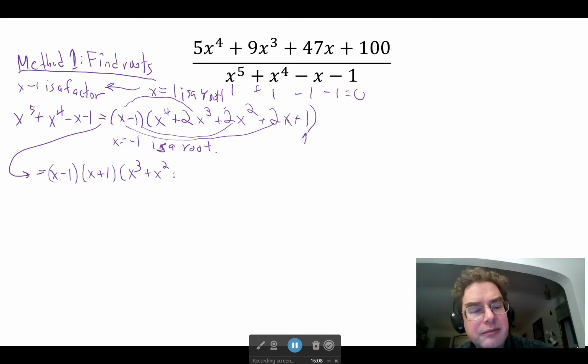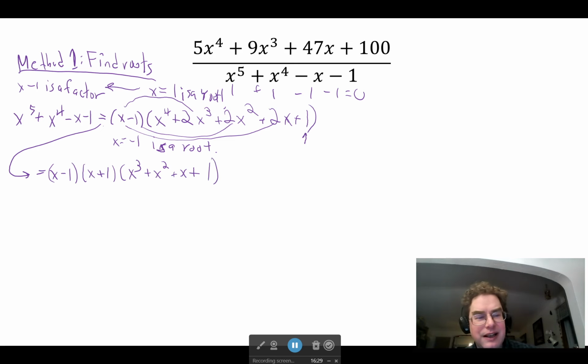That's 2x cubed. We'll get an x. Again, you can pause at any time here and think through the details more. It does take some thinking, no doubt. We get x squared plus x squared, which is 2x squared. Okay, we now get x plus x, which is 2x, and then constant term 1.